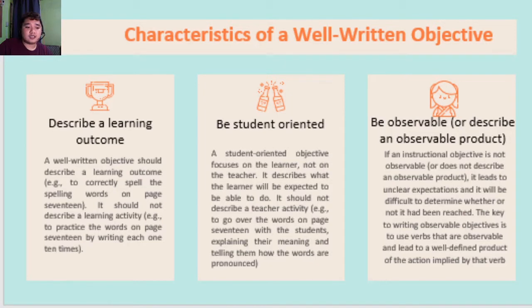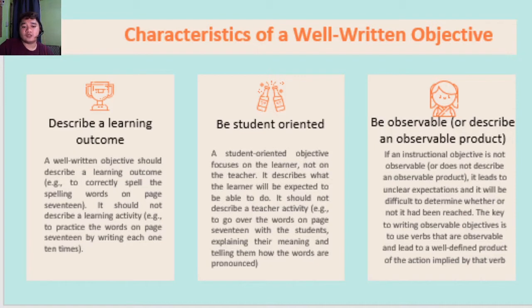The second characteristic is that it must be student oriented. A student oriented objective focuses on the learner, not on us, the teachers. It describes what the learners will be expected to be able to do. It should not describe a teacher activity.